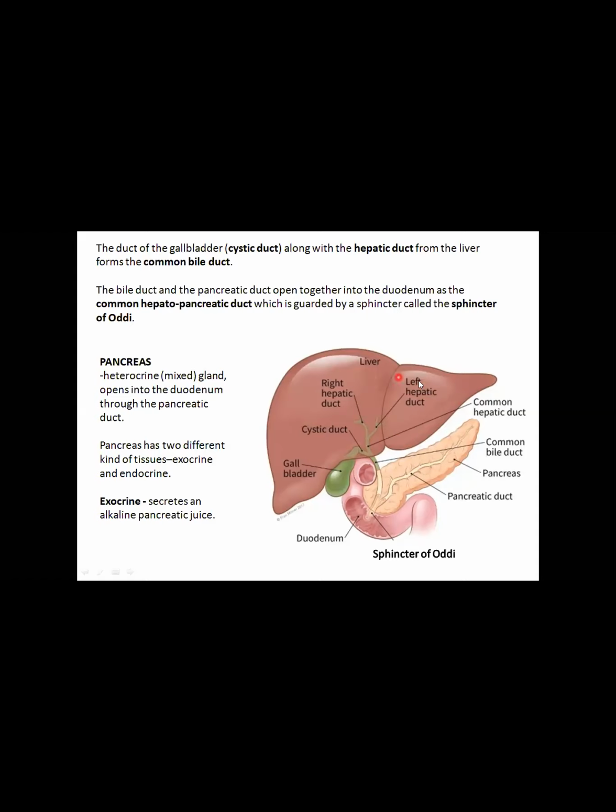Now the ducts arising from the liver are known as hepatic ducts. The word hepat is for liver. So the right hepatic duct comes from the right lobe, the left hepatic duct comes from the left lobe, and commonly these ducts are known as common hepatic duct.